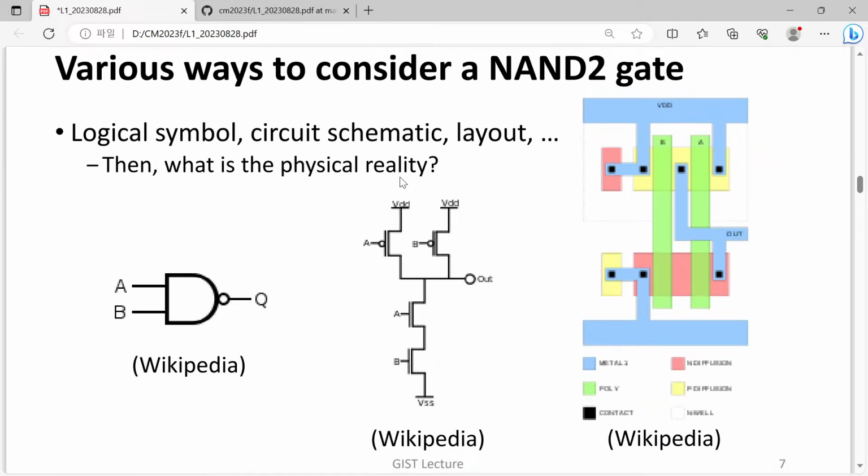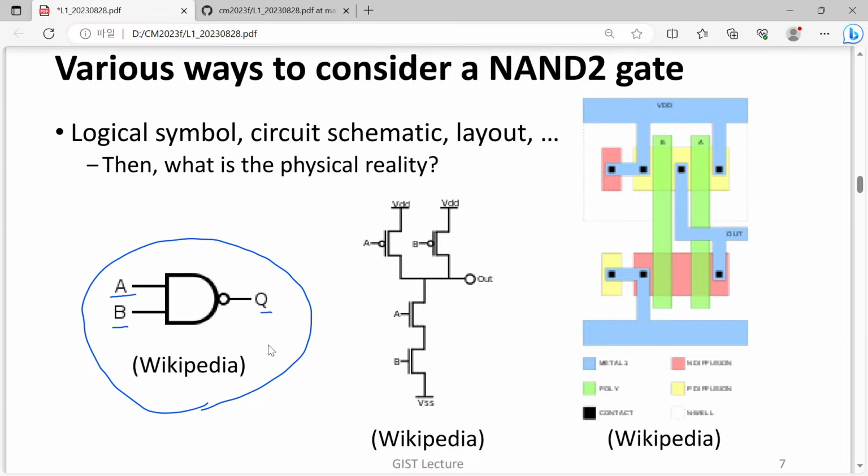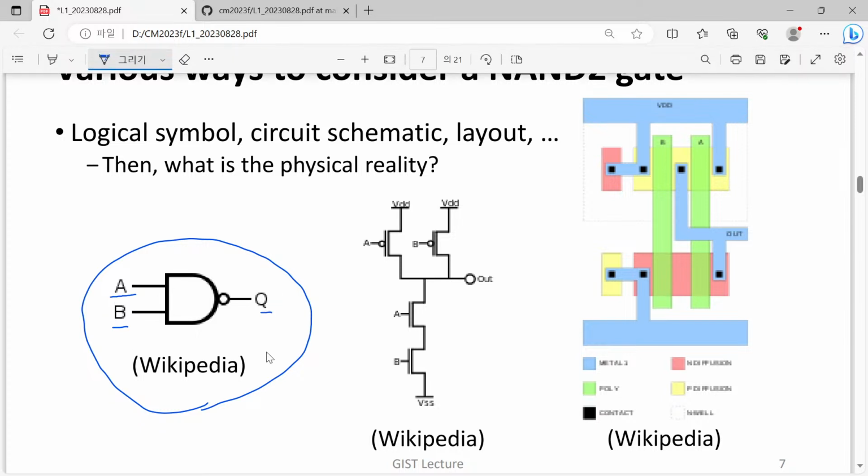Let's go to this slide. In the left figure, this shows a NAND gate. Here you have logical A and logical B, and Q is the output of your logical operation. For example, if you have 0 and 0, logical 0 or logical false, then what will happen in this case?